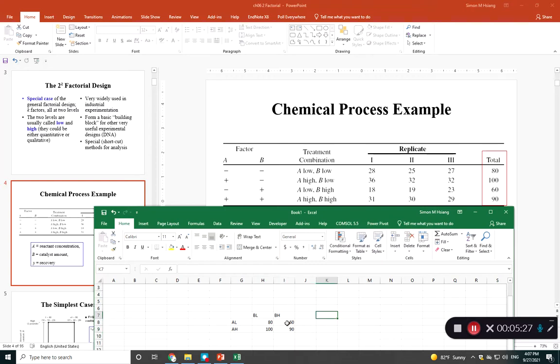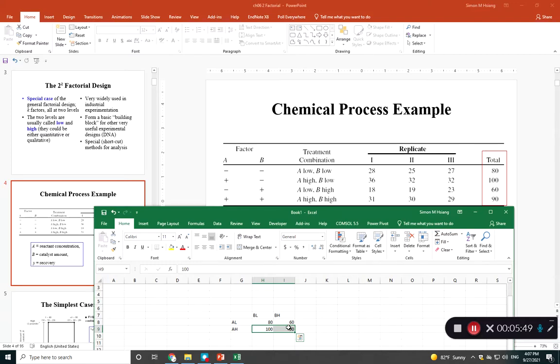Now, from here to here, the jump is what? 20. From here to here, the jump is 30. From here to here, the drop is 20. From here, the drop is 10. Just by looking at the jump and the drop, do you think there are some interactions involved?